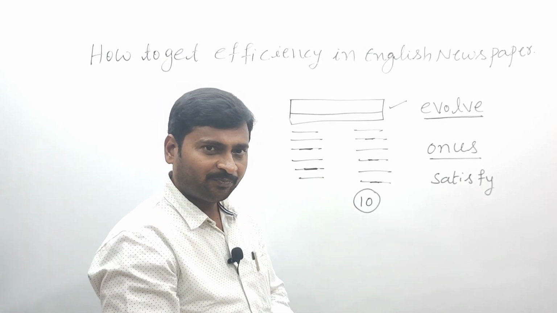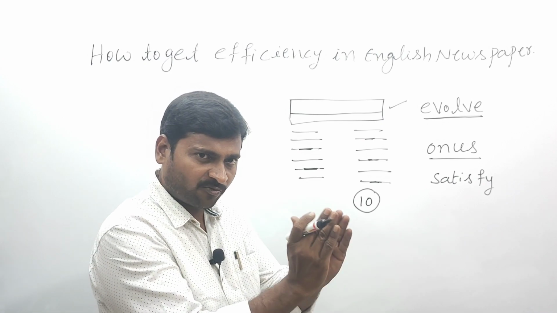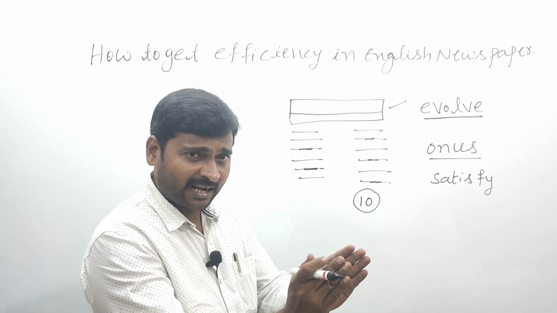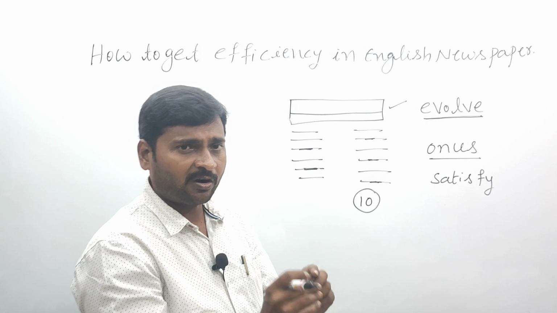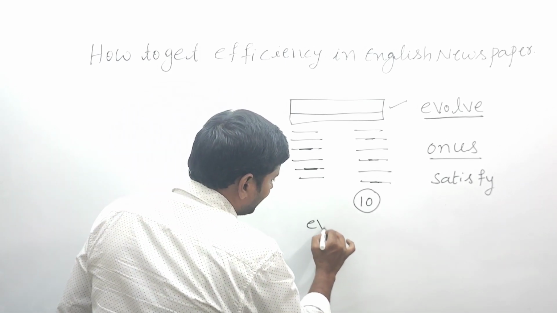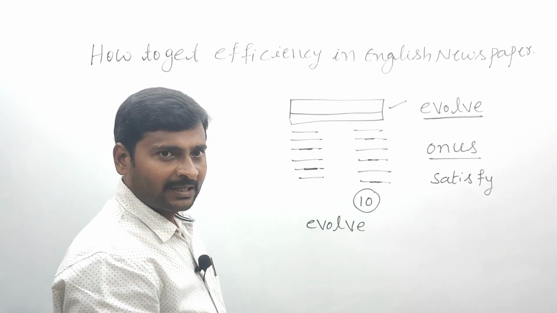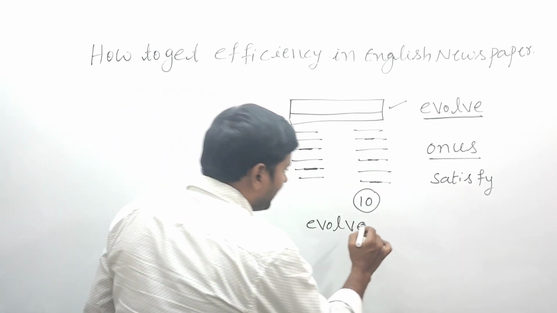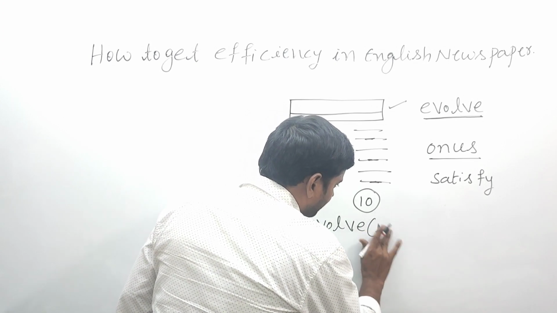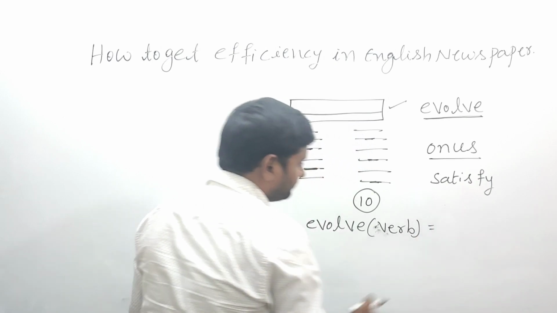Then what do you do? You maintain one separate running notebook only for the sake of vocabulary. The word which you don't know, immediately write it down in the running notebook like this: evolve. In the brackets you mention the part of speech.